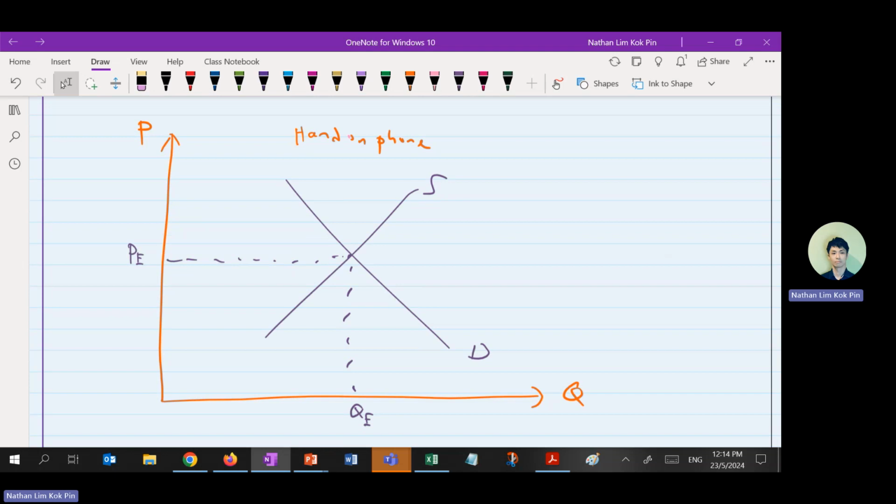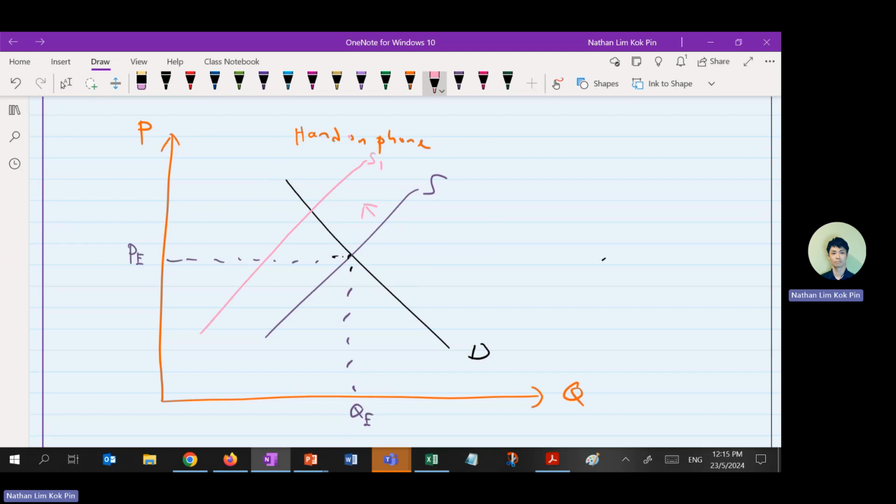Second thing: a tax should shift the demand or supply curve. Supply, or supplier. The supply curve should shift left or right when there's a tax. So I shift the supply curve to the left. Make sense?